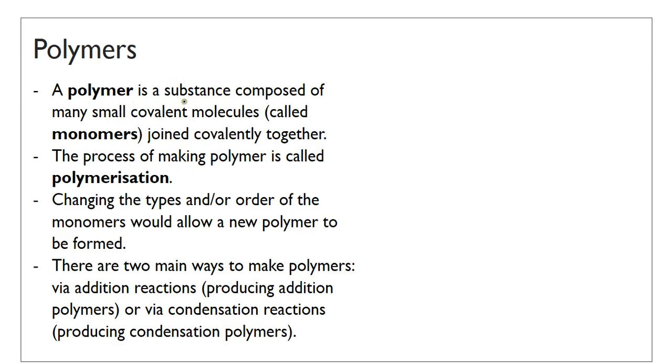So a polymer is a substance composed of many small covalent molecules, and these small covalent molecules are called monomers, and they are joined together covalently. The analogy that we tend to use when we talk about polymers is beads on a string. If you have beads, you can think of each bead being a monomer and you join them together.